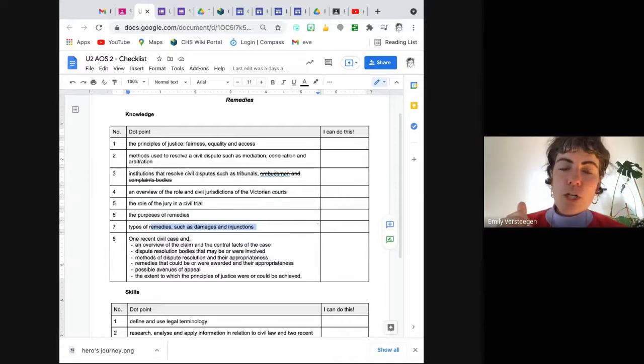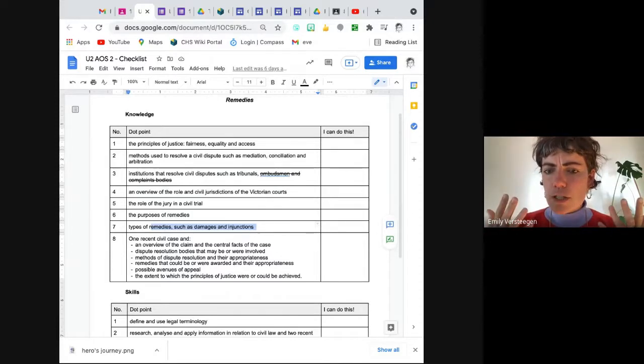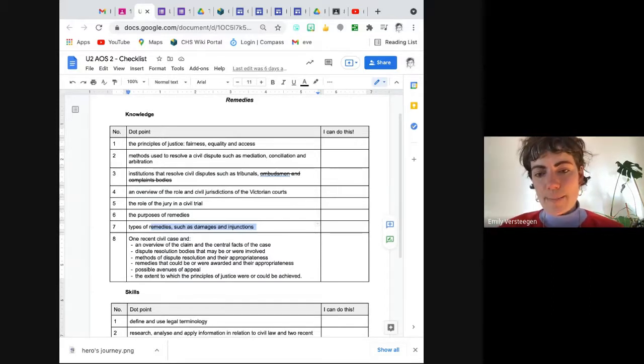General damages, which are awarded for things like pain and suffering, psychological illness, stuff that we can't give an explicit value to. And then what's called aggravated damages, which you can kind of tell from the term itself is to compensate the plaintiff for embarrassment or their feelings being hurt, essentially.